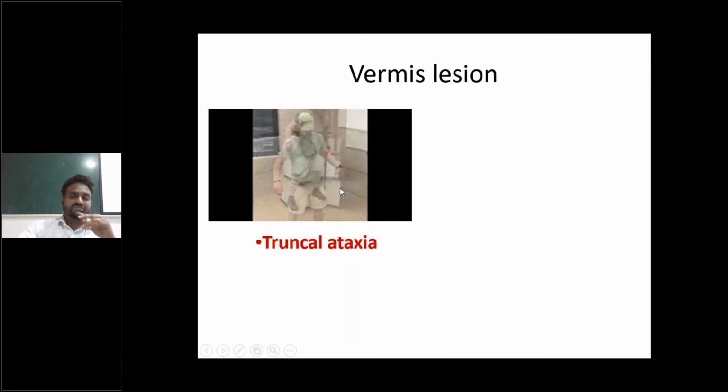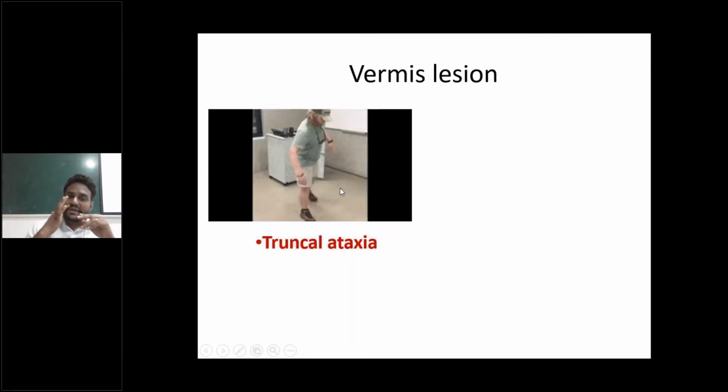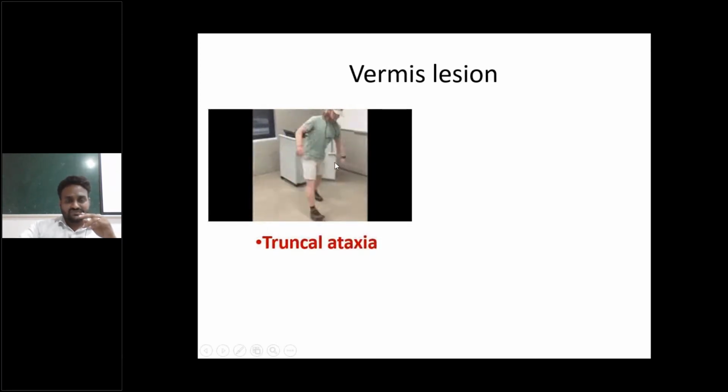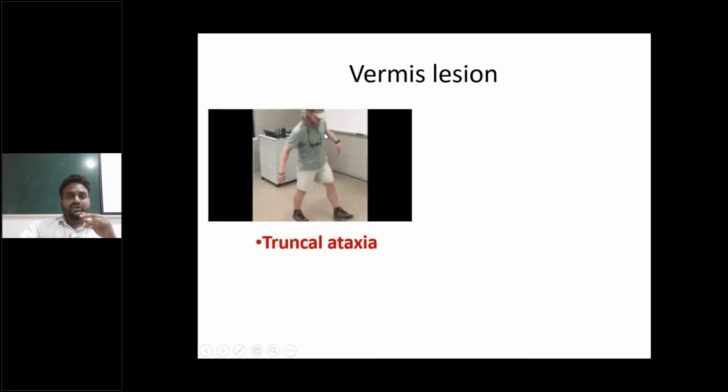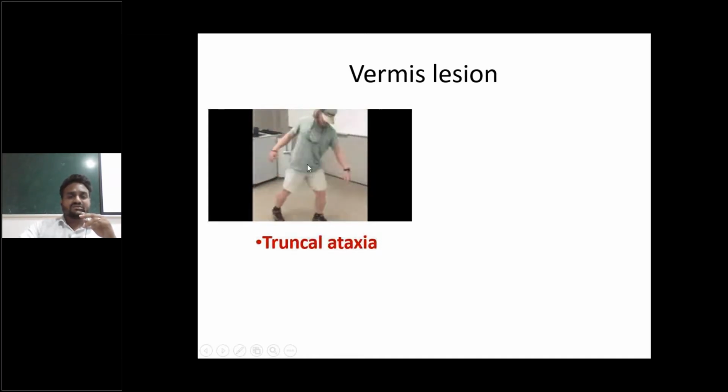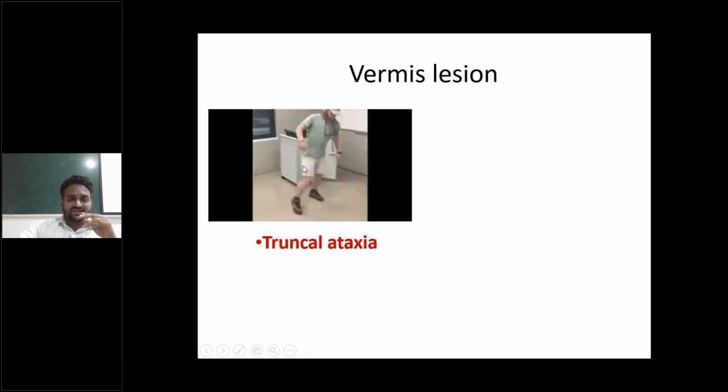See this video clearly. What is your observation in this video? Observe the trunk of this person. The first observation is that the trunk is unsteady, that means it is not stable.